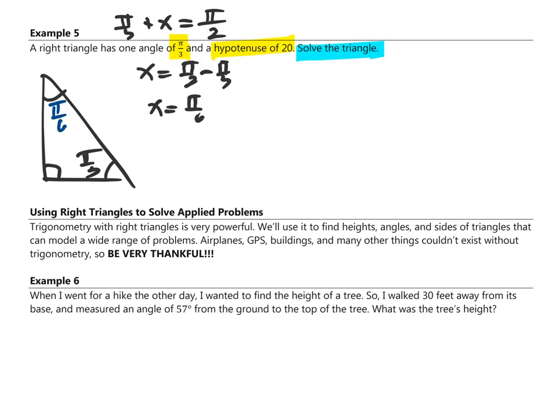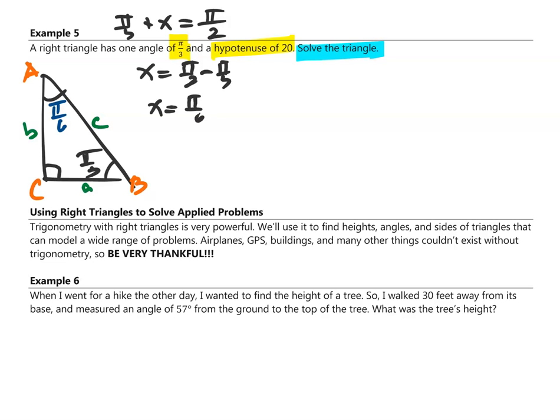So let's say this is angle A, B, and this is C, and the opposite sides, this is side A, this is side B, and C. So we're going to solve the triangle, complete all the angles and the sides.